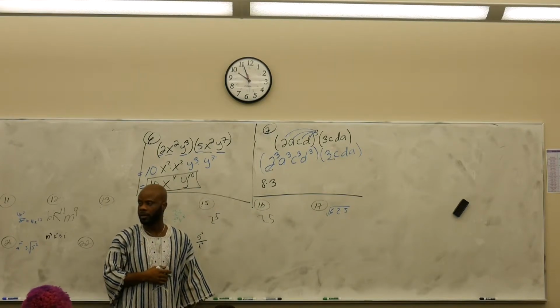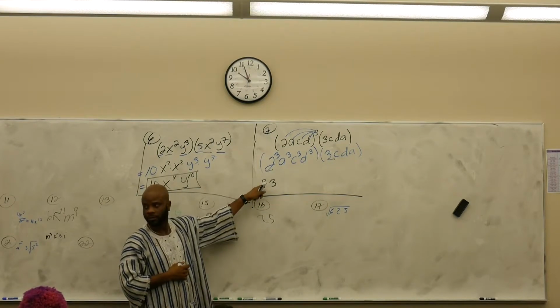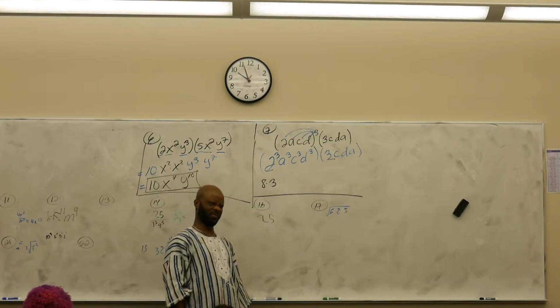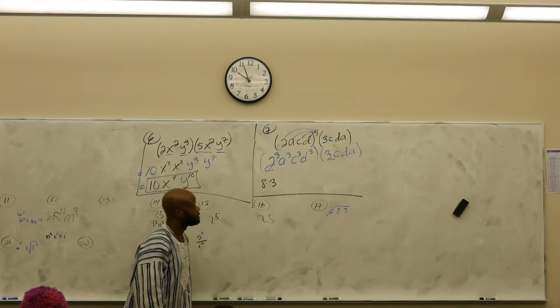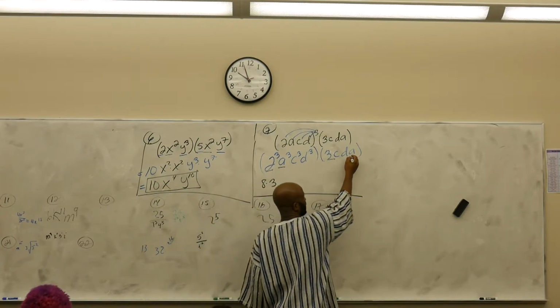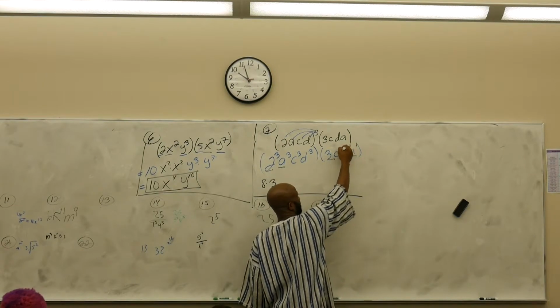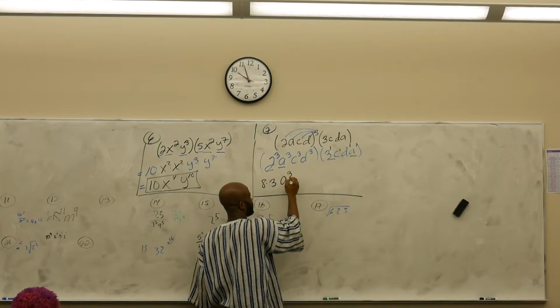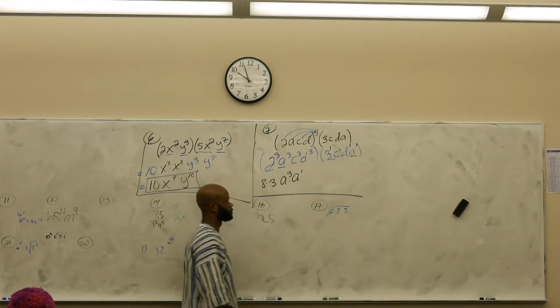And then, 2 to the 3rd is 8, times this 3. Okay, so let's collect the 8s. There are 3 of them here. How many do I have here? 1. So A, to the 1.